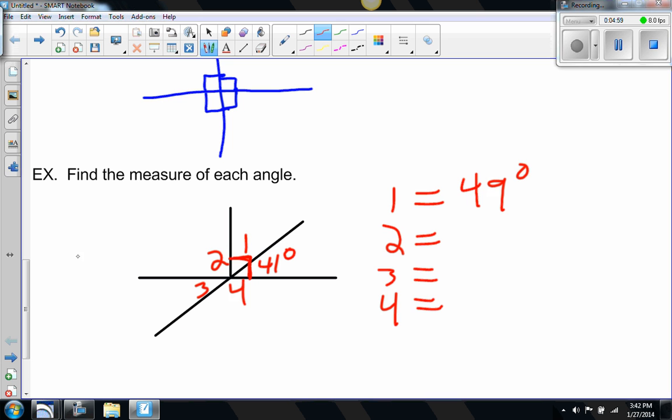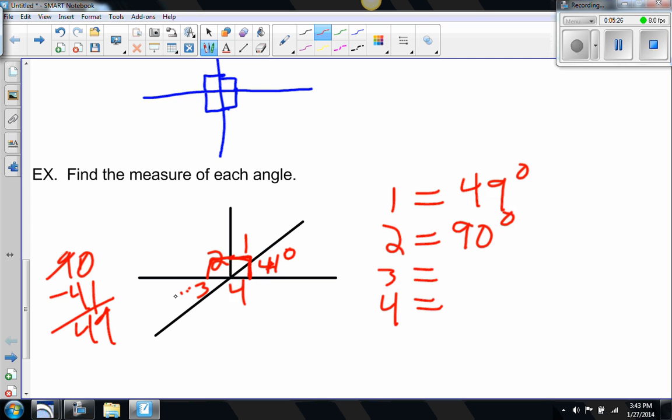Again, how did I get it? 90 minus 41, you get 49 degrees, because this one and this one together are complementary angles. They make a right angle, they make 90 degrees. Angle 2, you can see that that's a right angle, so I don't even have to do any thinking on that one. It's 90 degrees. Angle 3 looks like it is vertical with this one.